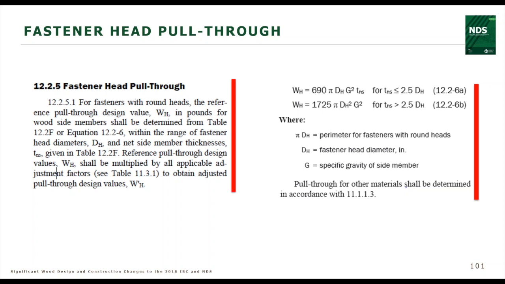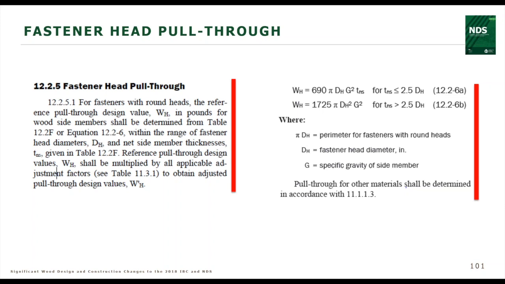So the T sub NS value, that side thickness or net side thickness. Now, the reason we say net side thickness and not just the thickness of the side member is, in some cases, depending on the type of fastener, you may bore out a little bit of that side member and kind of countersink your fastener, so that the head of the fastener is flush and doesn't stick out.